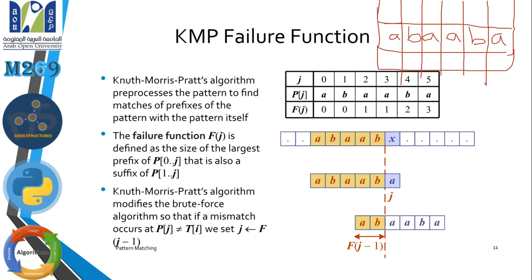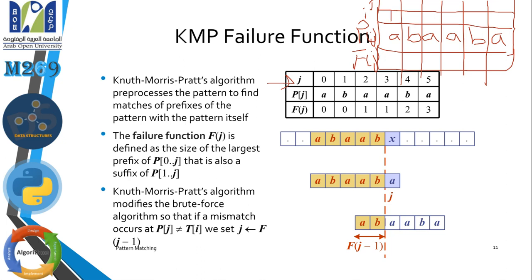I would like to add one extra row here. So here is the P, the pattern. Here is the F of J. And here is the pattern of J. And here is the index I. And here is the J.